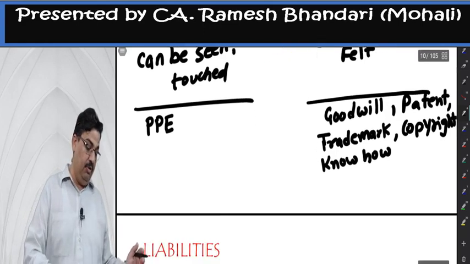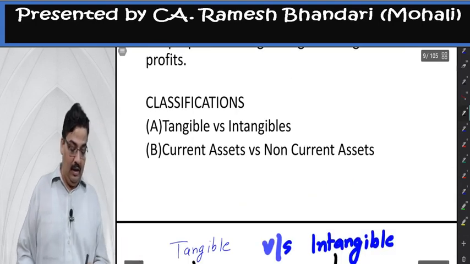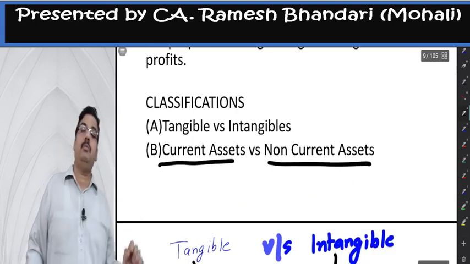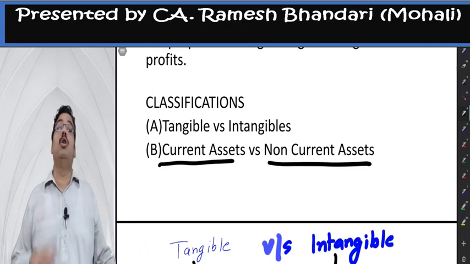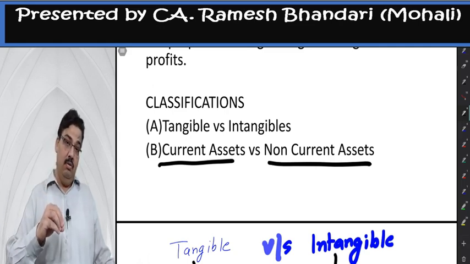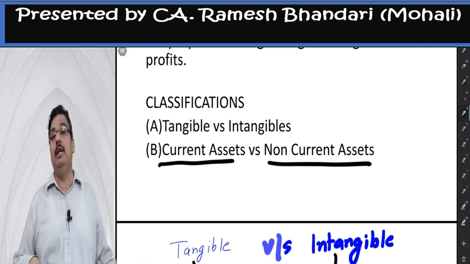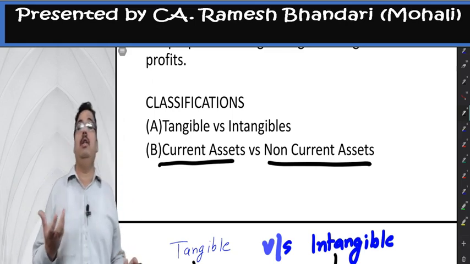Another classification which is talked about by the standard also is current versus non-current. Although Schedule 3 gives many conditions, 4 conditions for current assets and 4 for current liabilities also, here we are analysts, we should understand the broad thing.